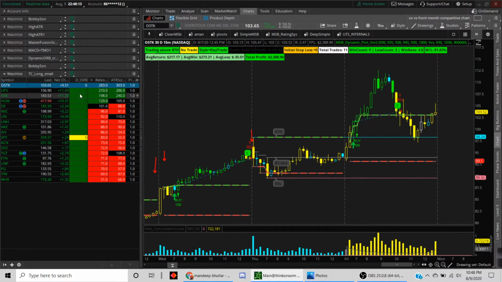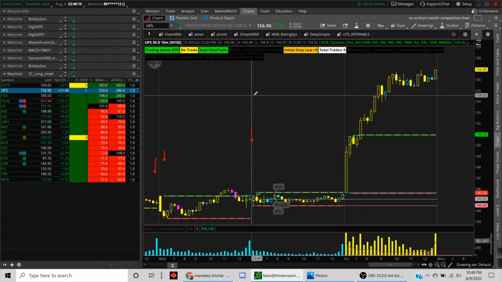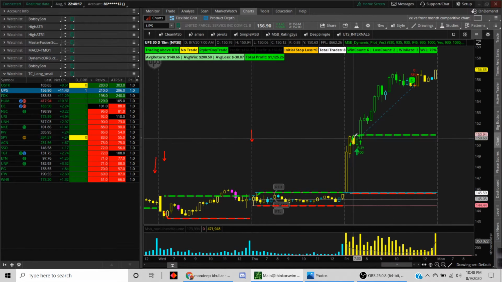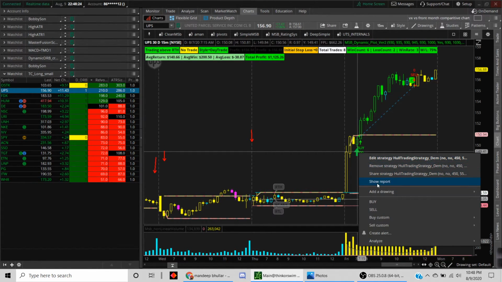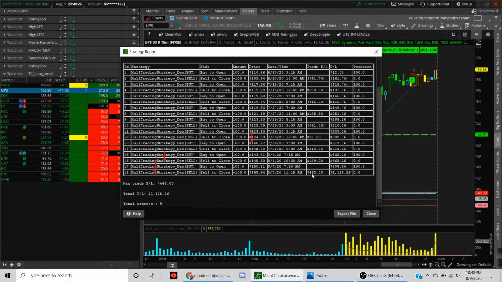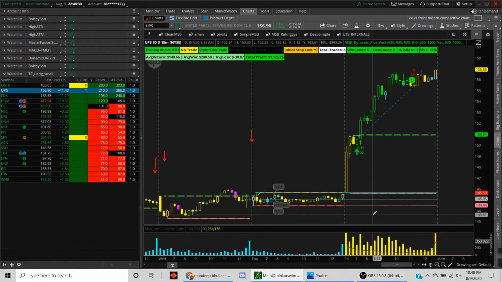So let me switch to UPS. So in case of UPS, the ORB was broken, you got a buy signal, and a trade came. Now if you right click on this and click on show report, it shows you this trade made $463, assuming you took 100 shares in this, right?